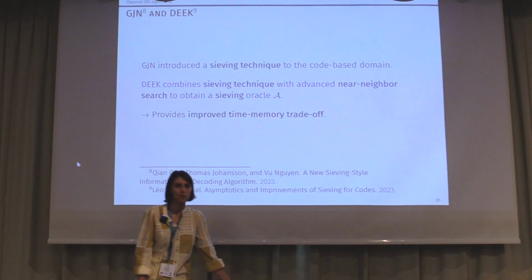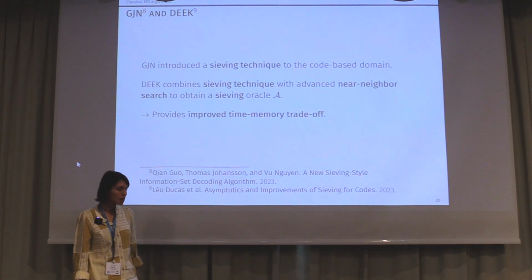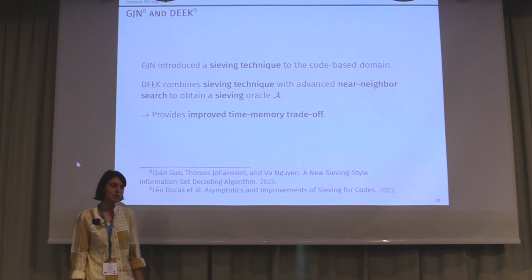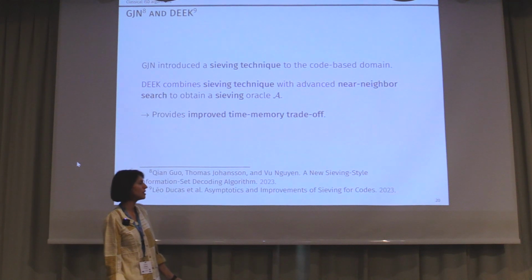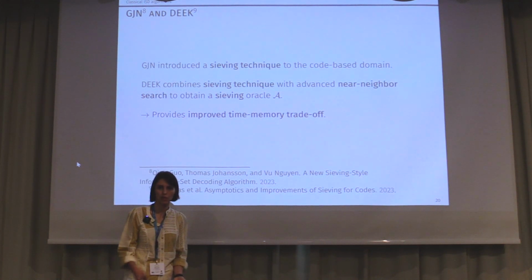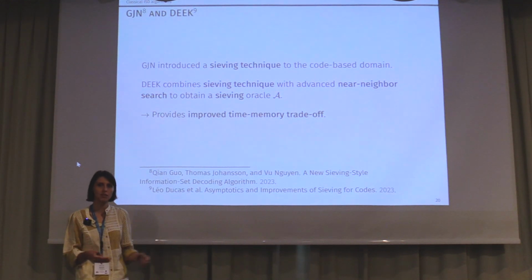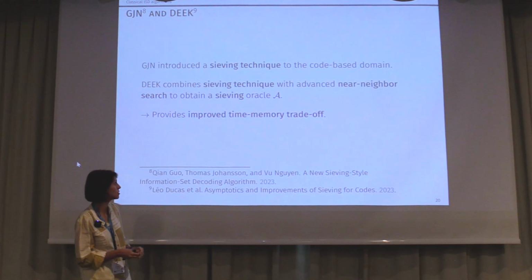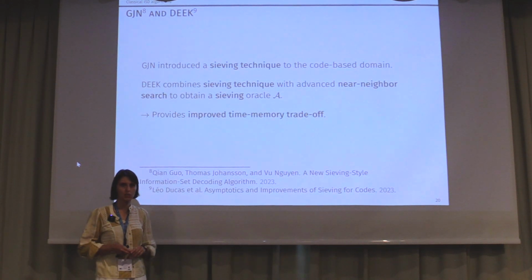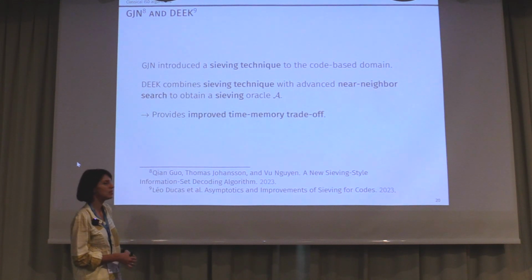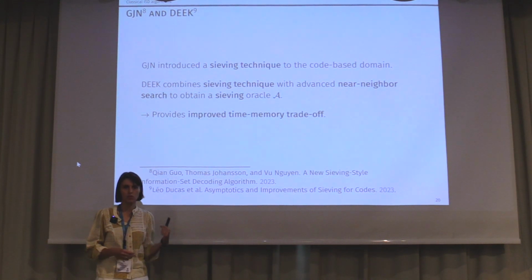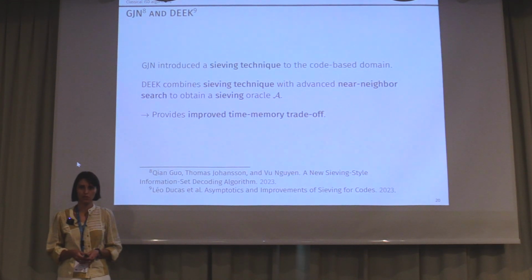In particular, we get very close to the BGM-M algorithm in the asymptotic setting, and even more importantly, we provide better time-memory trade-offs, which was an improvement not that commonly seen in the development of ISD algorithms, so it can be seen as a very interesting move toward practicality. One thing to mention also is that these sieving techniques, in this approach, are very common in the lattice-based literature.